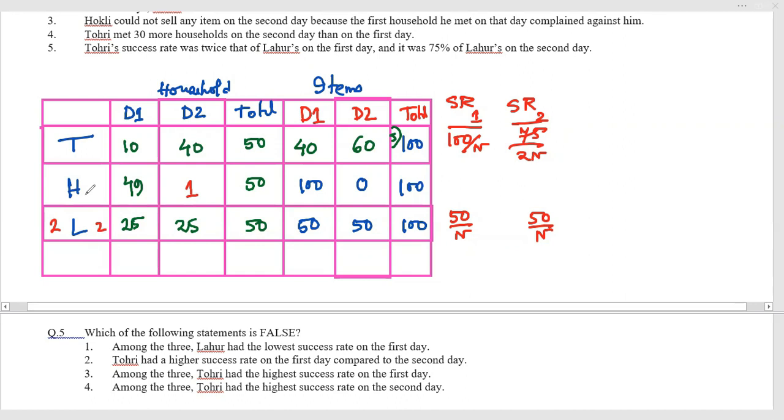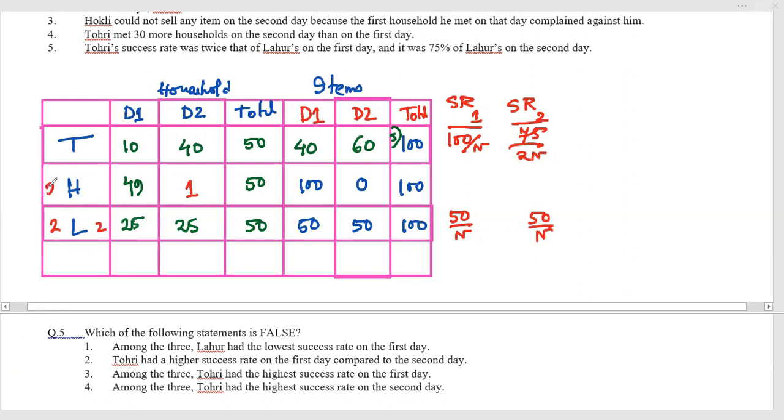For H, the success rate of the first day compared to the second day. Second day success rate is also required. So for H, it should be 100 by 49, approximately more than 2.